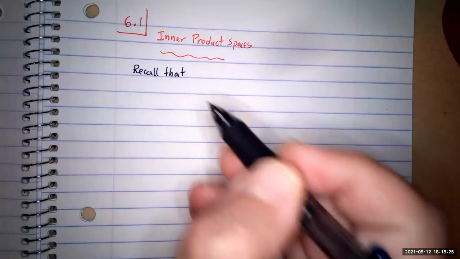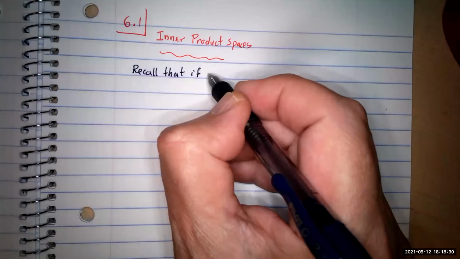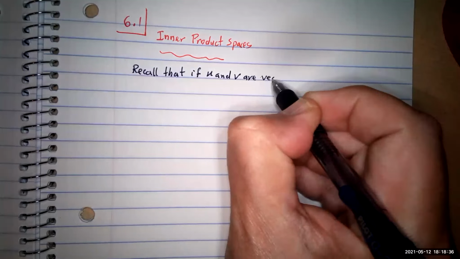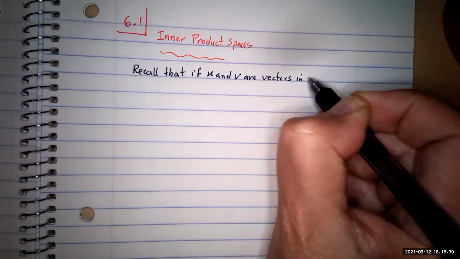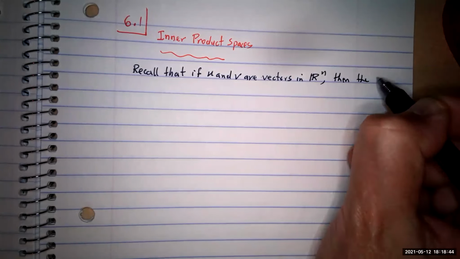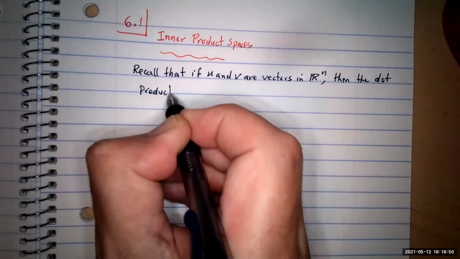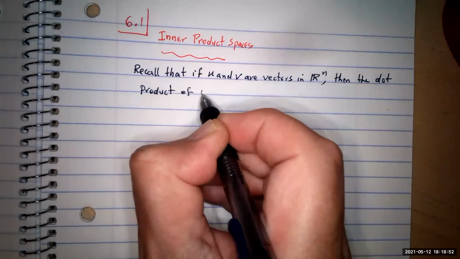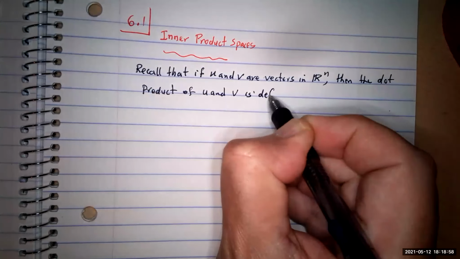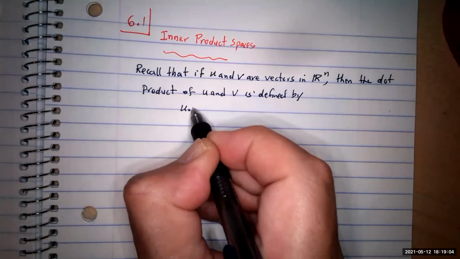Recall that if u and v are vectors in Rn, then remember the dot product of u and v is defined by u dot v.